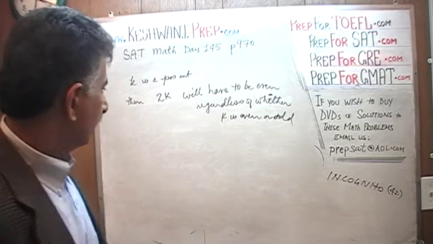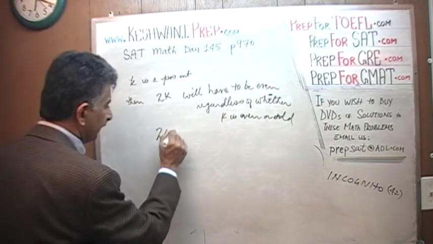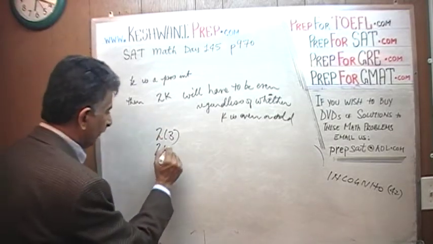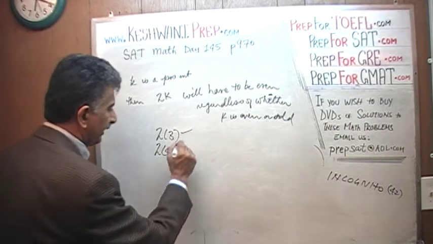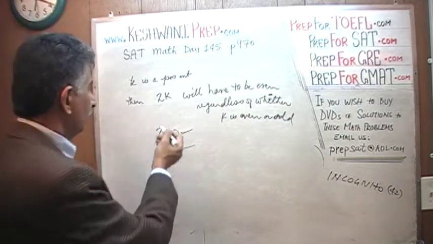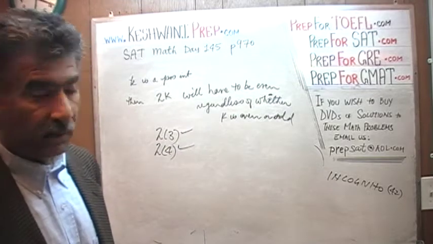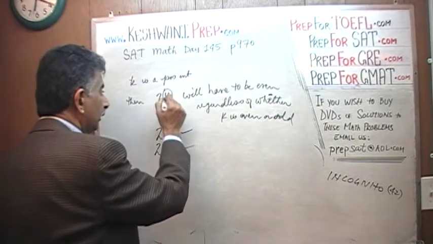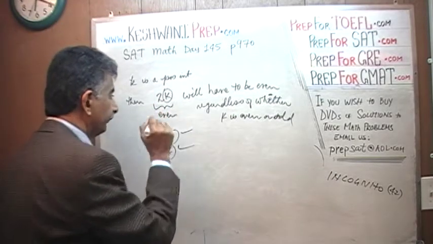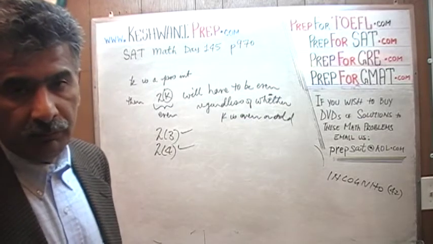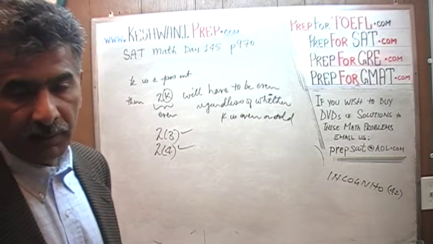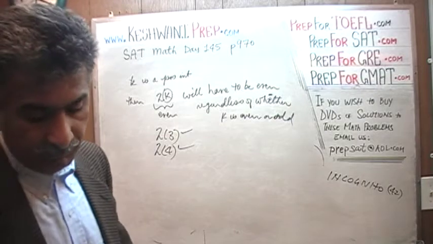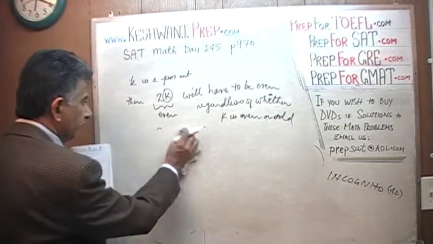It doesn't matter, because if k happens to be 3, 3 times 2 is 6, and if k happens to be 4, 4 times 2 is 8. In either case, 2 times an integer would have to be even, because 2 is an even number, so even number times an odd number or even number times even number is an even number. You with me so far?